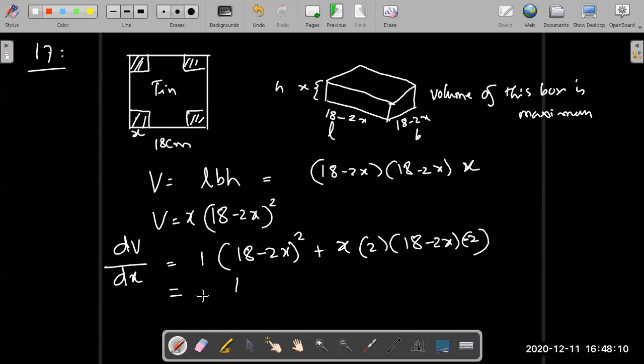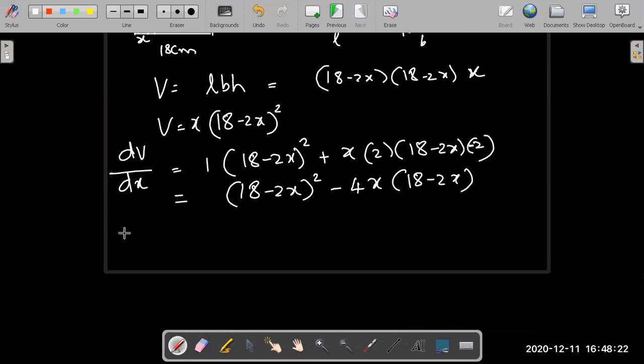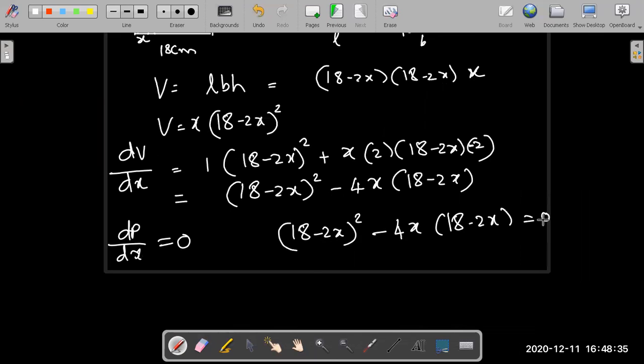So that's equal to 18 minus 2x whole squared, this minus, so you'll have minus 4x into 18 minus 2x. This is to be equated to 0. So dV by dx should be equal to 0. Then we have 18 minus 2x whole squared minus 4x into 18 minus 2x equal to 0.